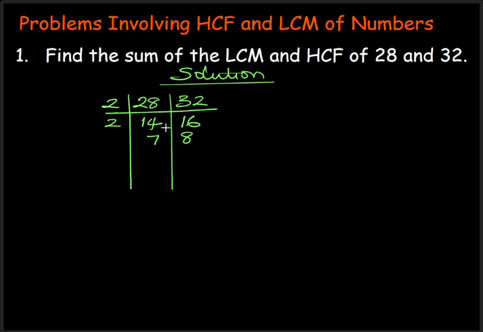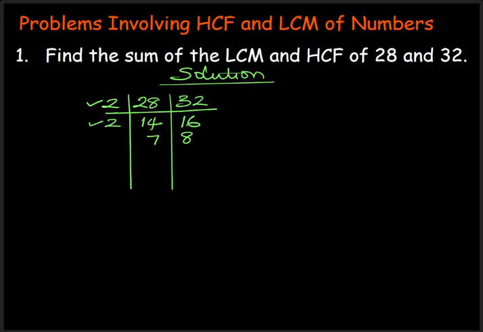Now look at this. HCF is telling us to only stop where nothing can divide all the numbers. In this case, we've divided to 7 and 8 where nothing can divide. So if we are looking at HCF, these are the two numbers we need for HCF, 2 and 2, because at this point nothing can divide 7 and 8 together.